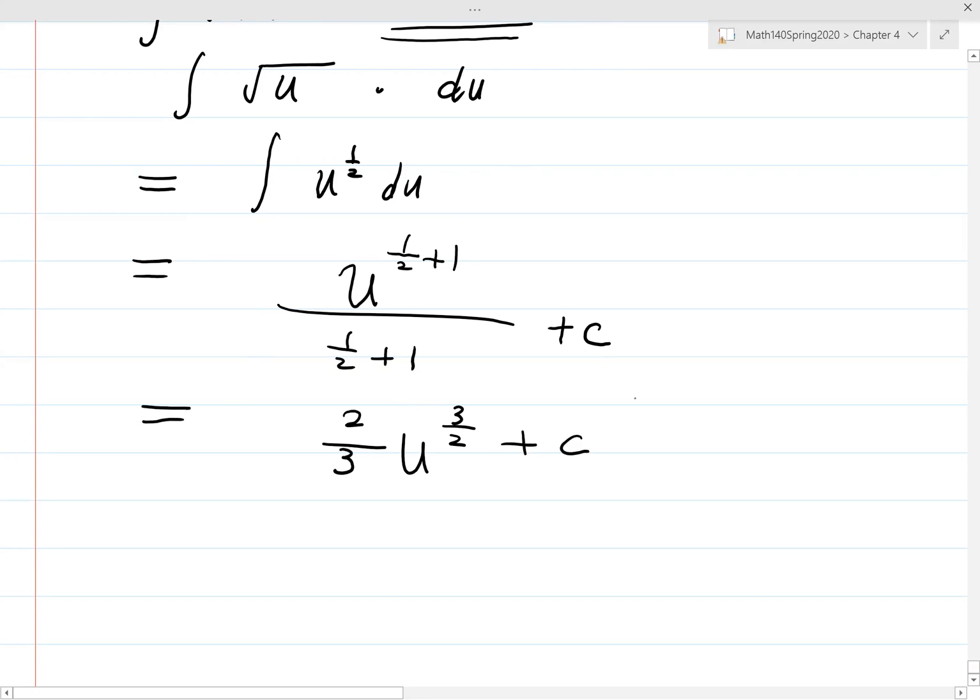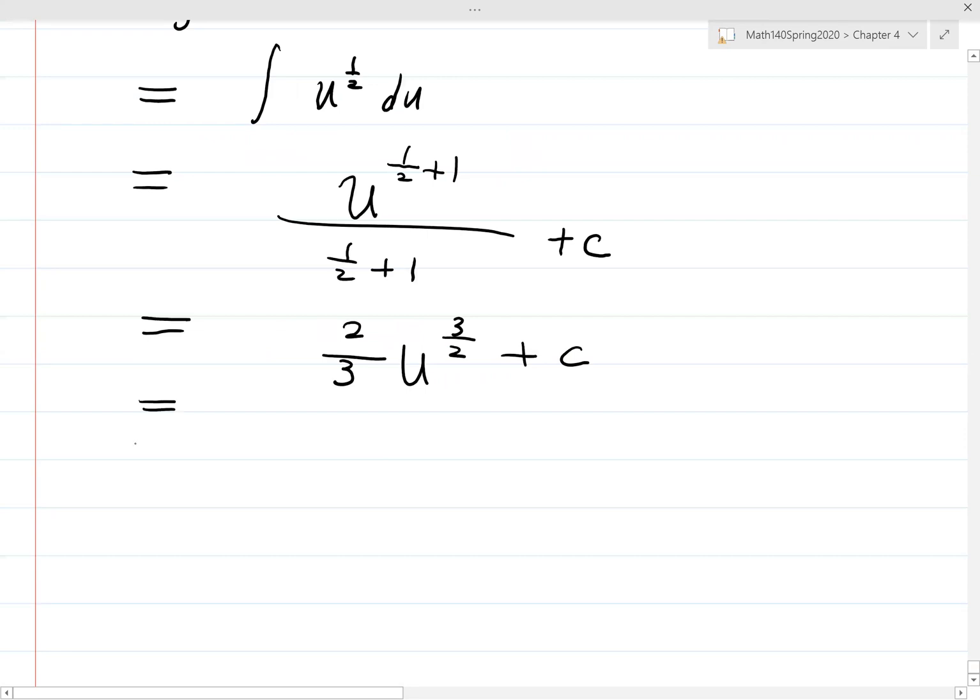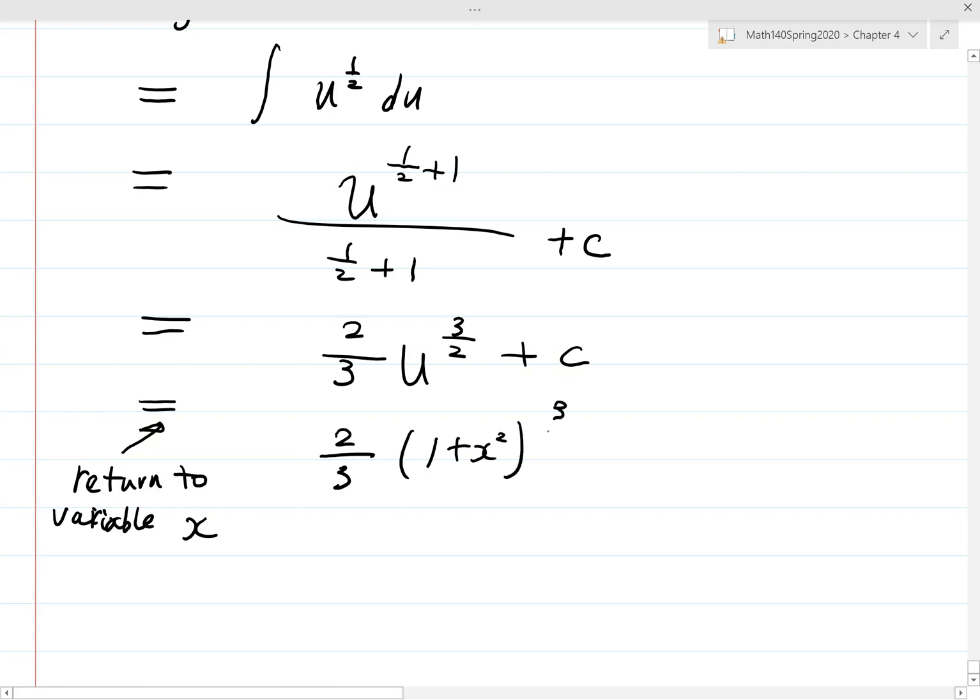And then the last step, return to the original variable x. So this is 2 over 3 times 1 plus x squared to the power of 3 over 2, plus constant c.